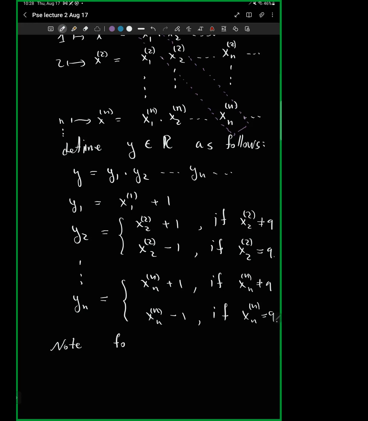For any n, y is not equal to x_n, because the nth digit of y is different by definition from the nth digit of x_n.